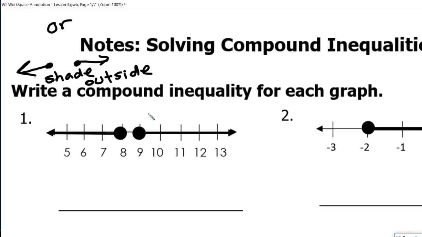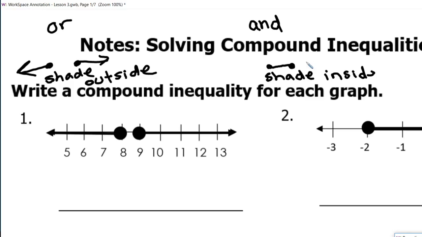The last type would be an AND inequality. If you have an AND inequality, again we still have 2 points, but they're shaded on the inside. So if it's an OR, you shade outside. If it's an AND, you shade inside of the points.